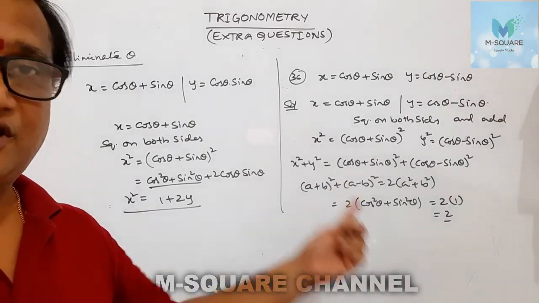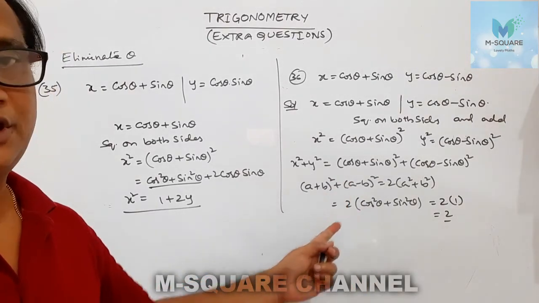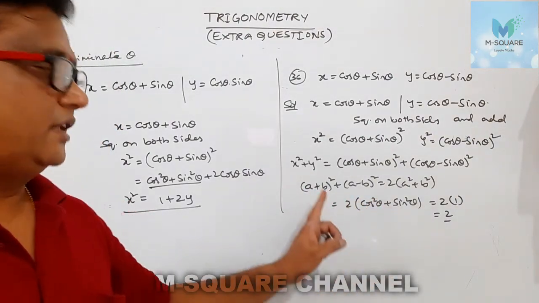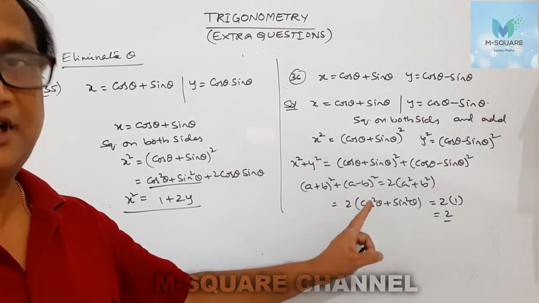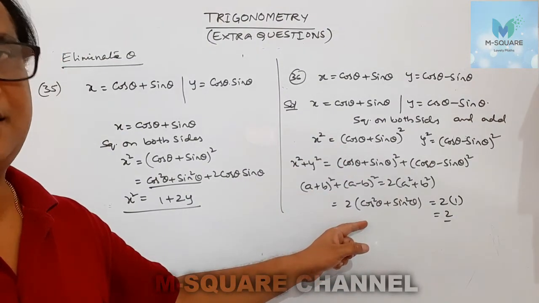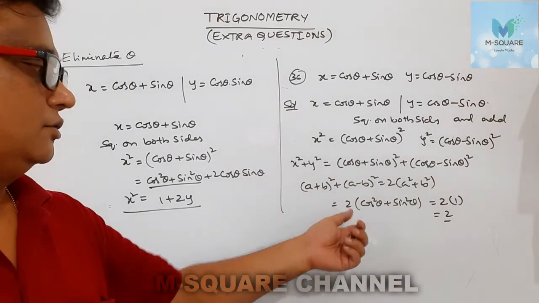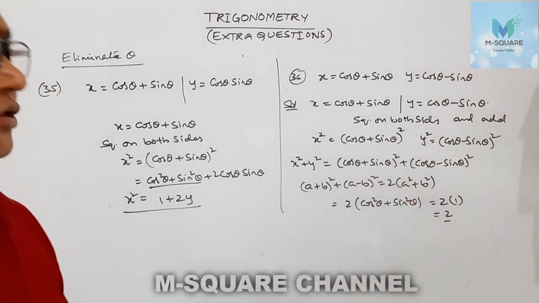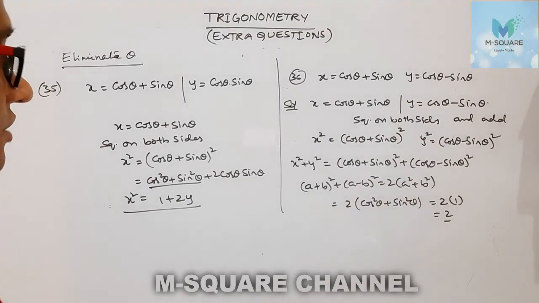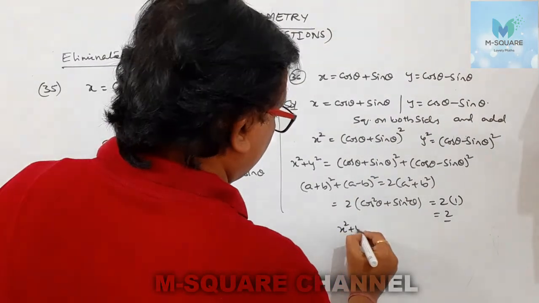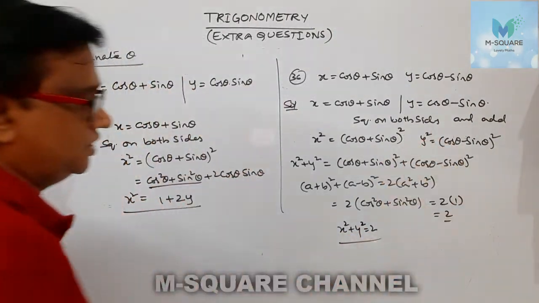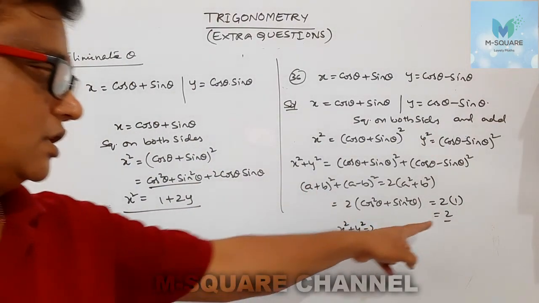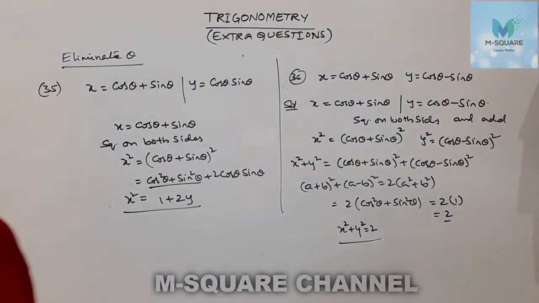In examinations, you must show the method you are using, so that the examiner will understand which method you are doing. So 2 into cos square theta plus sin square theta equal to 2 into 1, that is 2. So x square plus y square equal to 2.